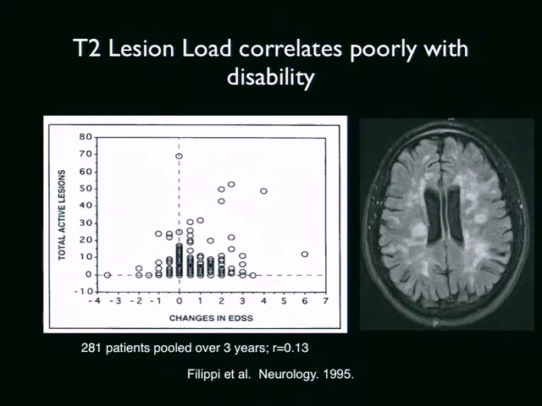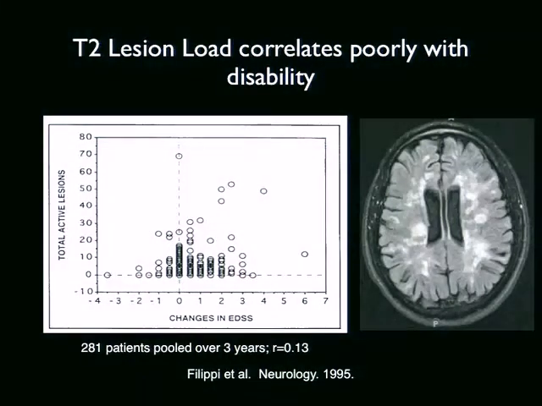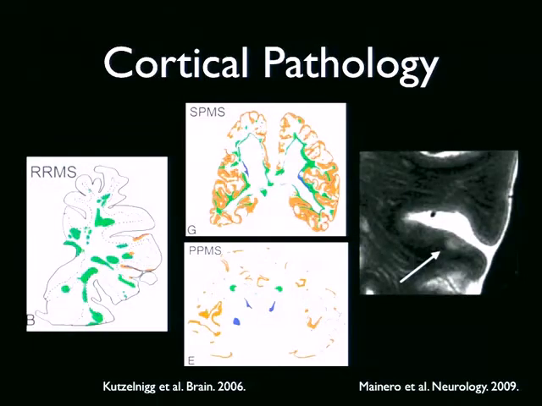What we'll see with this slide is that things like disability, though, do not correlate that well with the T2 lesion or the contrast-enhancing lesion. So in a paper from 15 years ago, they looked at the number of active lesions in MS and correlated that with changes in disability without significant correlation.